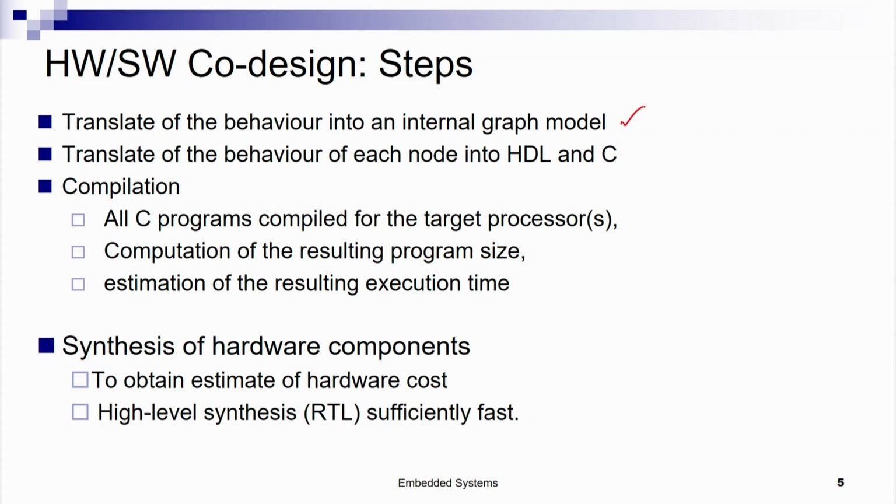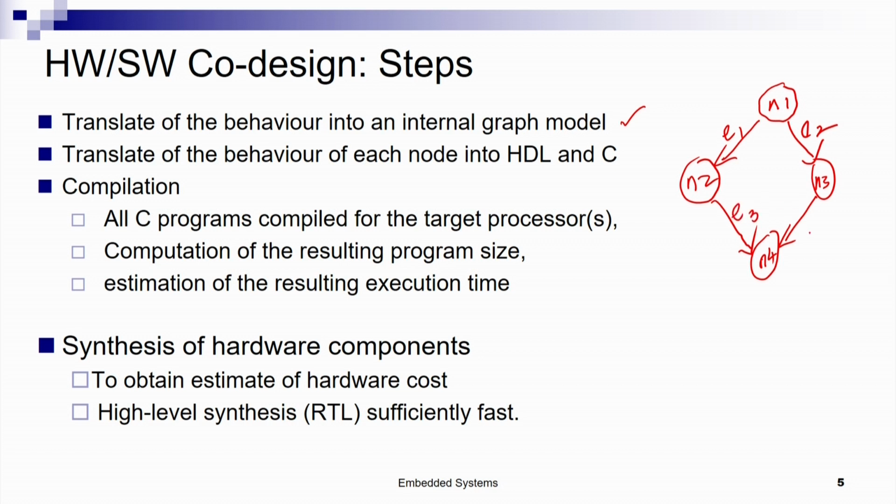Could be a task graph model, which says that, for example, these are my nodes, representing the sequential component programs, and these are my edges, and these represent how many times N3 needs to call N4 if these are modules. So, we have a task graph like representation like this.